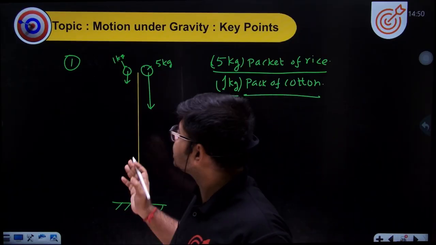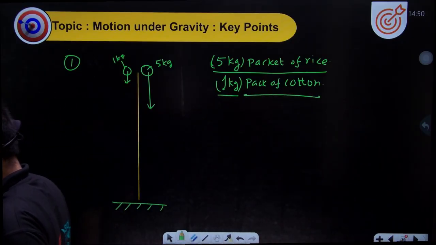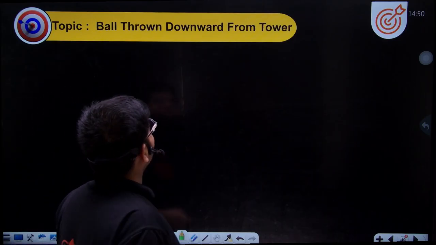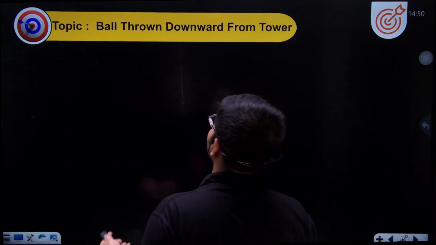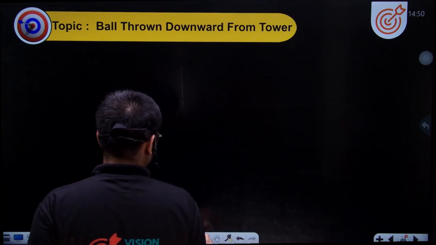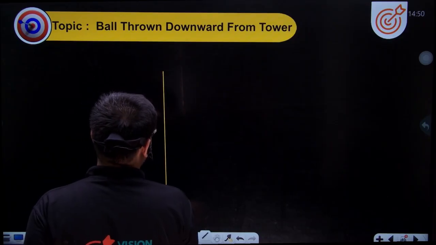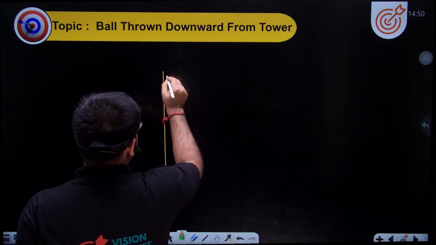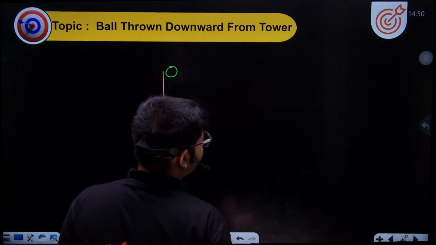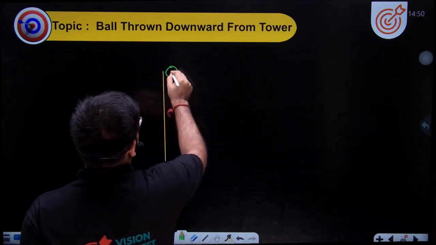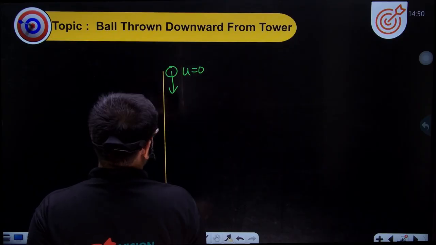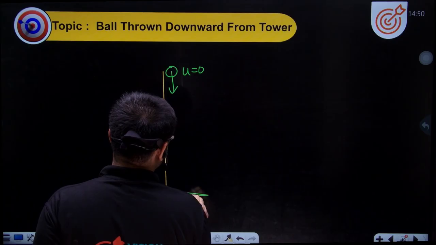Okay, this is something I actually wanted to discuss with you. Everything we have seen, the ball thrown down from the tower, we have derived it also, right? Suppose this is the tower. Now if you are throwing a ball, there can be two ways of throwing it. One way is when your initial velocity is 0, you will have some final velocity v.